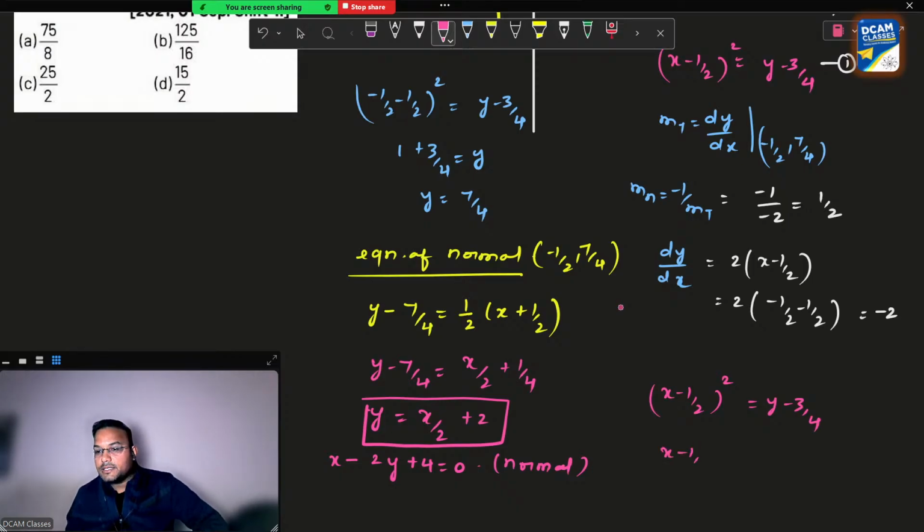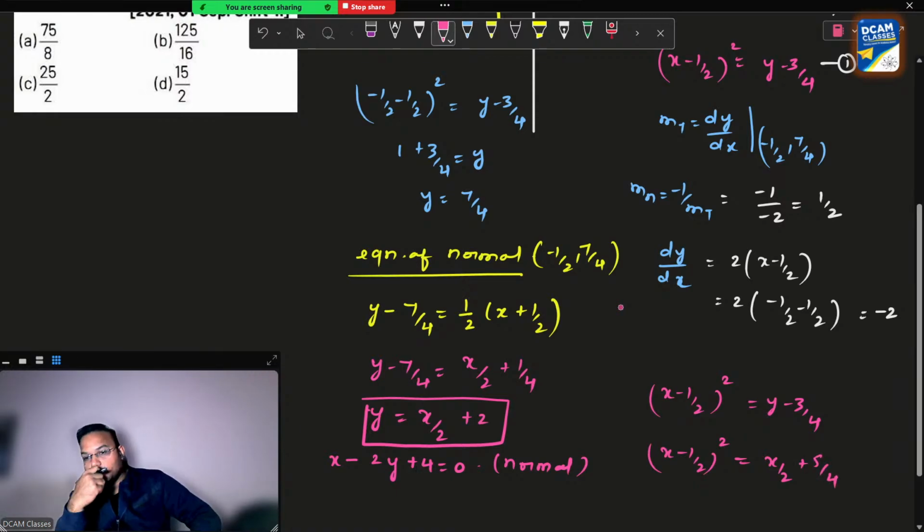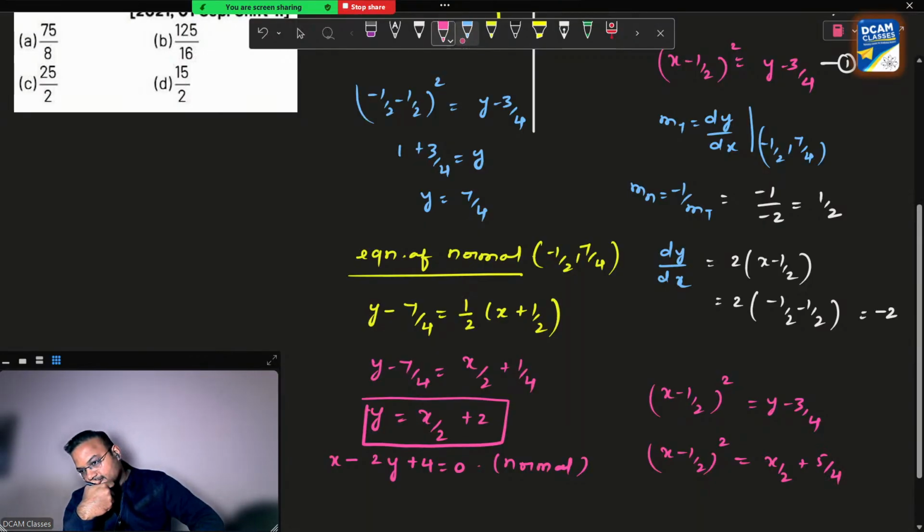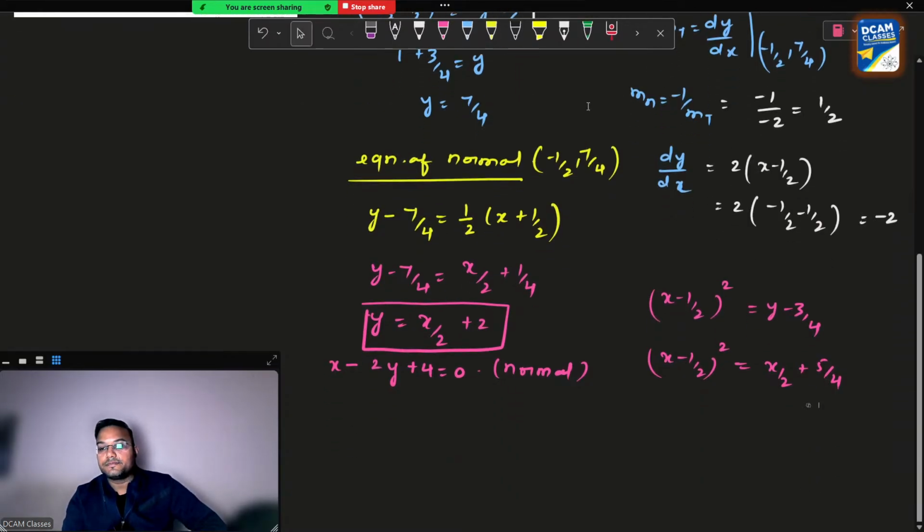So (x minus half) whole square is y, where y is x by 2 plus 2, minus 3 by 4, which is 5 by 4 only. So you have to solve this equation.